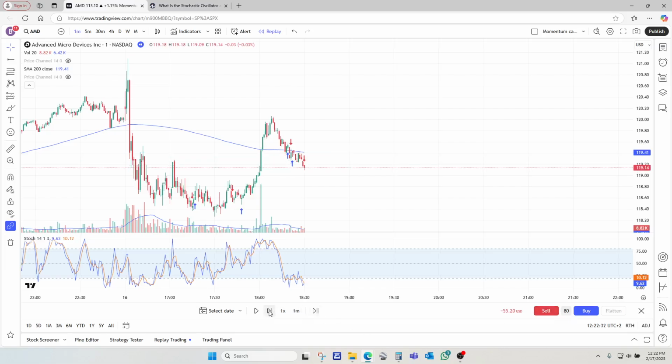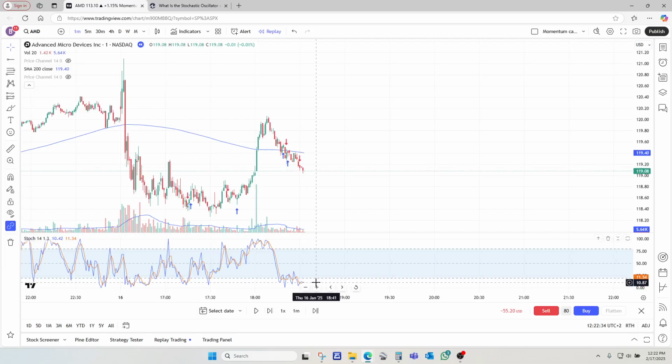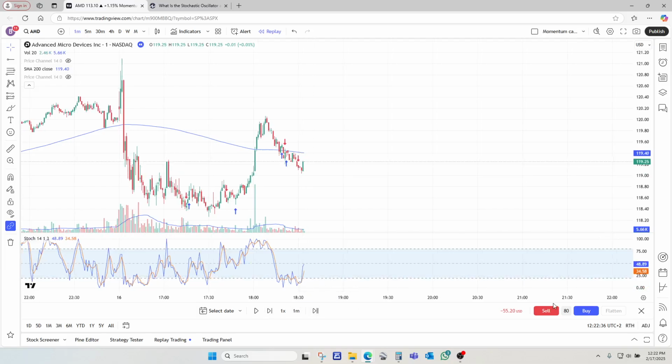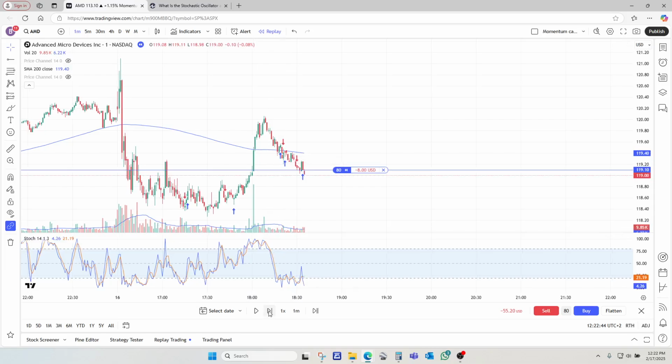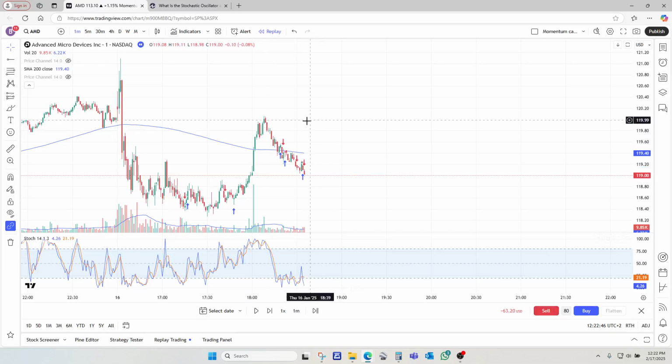Okay, let's go again. Wait for it to go in the blue section. Now I missed. I should have been long here, but I'm long here, which is better. But normally if you wait for it, you have 1 minute to see the candle play, so you have time to enter at the close.